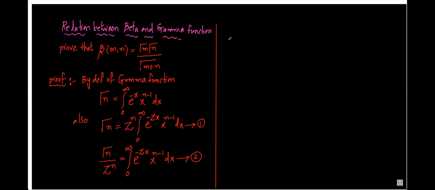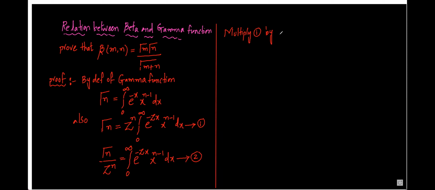What I am doing here is, you see, multiplying equation number 1. I am putting equation number 1 into the form of the gamma function definition.